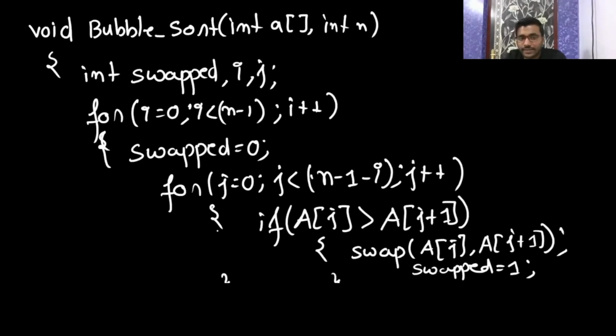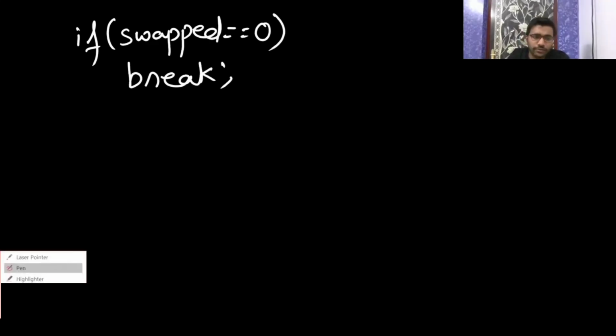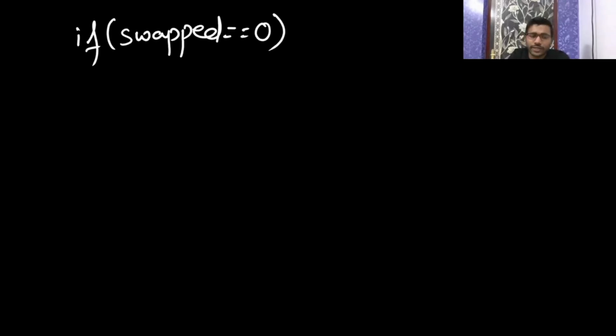So in that case, before going to the next iteration, you check if swapped is equal to 0, then break. You can do a break or return, anything.